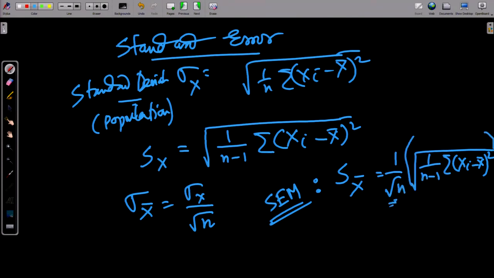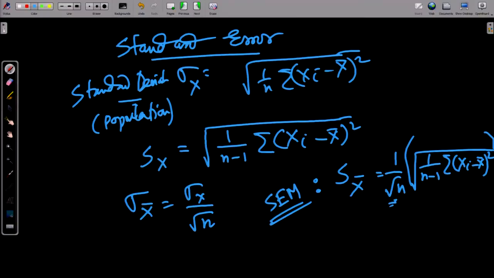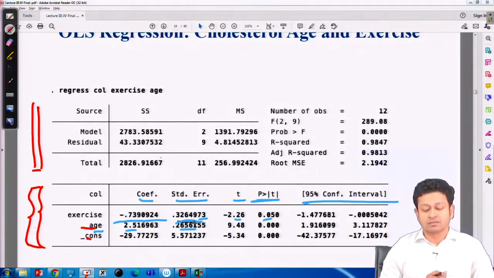All the expressions that you have seen there are essentially this, where we have 1 by root n into the square root of 1 by n minus 1 into summation xi minus x bar whole square. That is how we have got the standard errors.